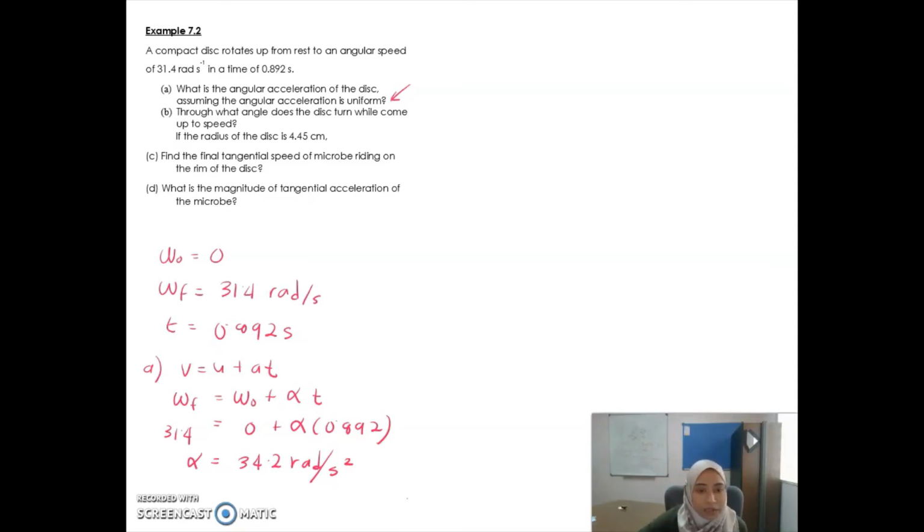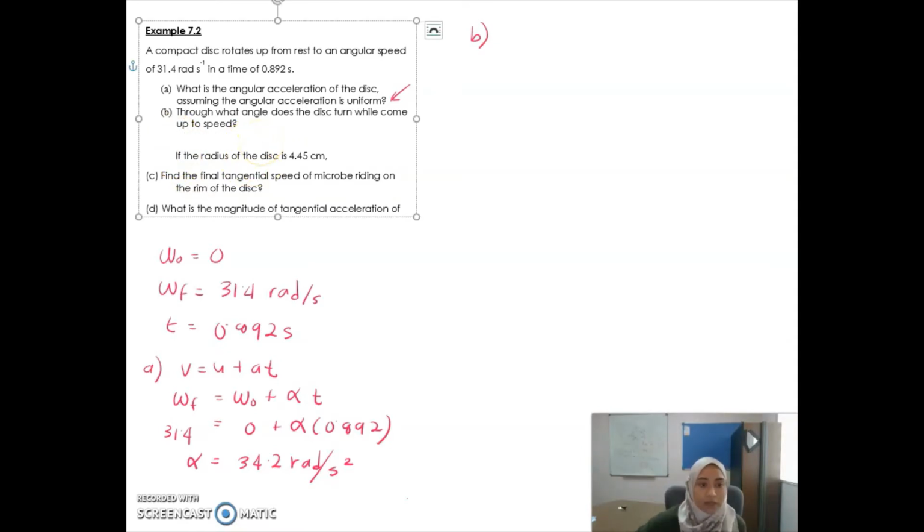Okay, and then let's do B. Through what angle does the disk turn while it comes up to speed? So let's do B. It's asking you about angle, and in the linear world, angle is just S, displacement, right?